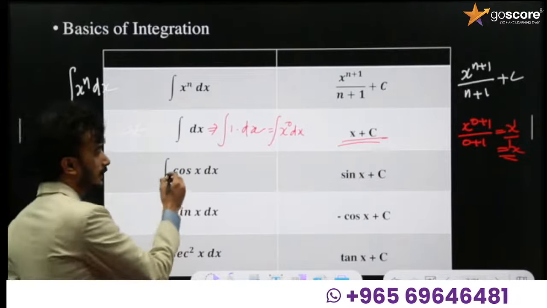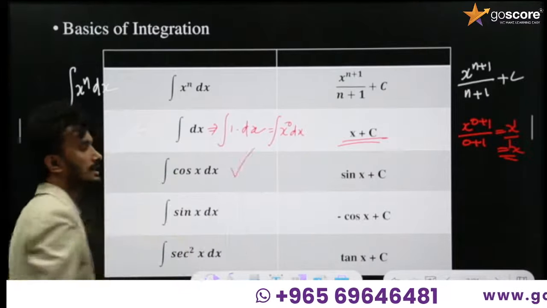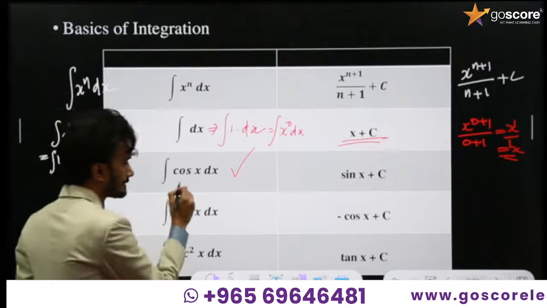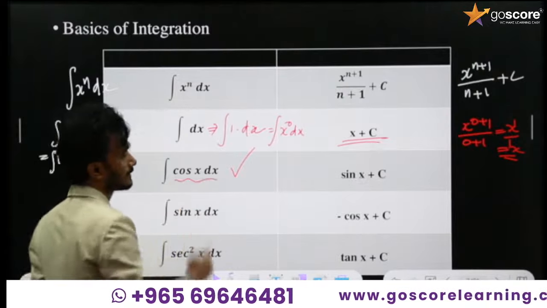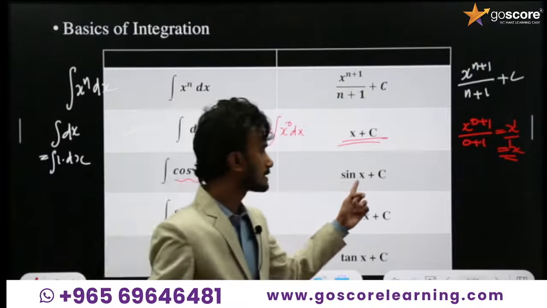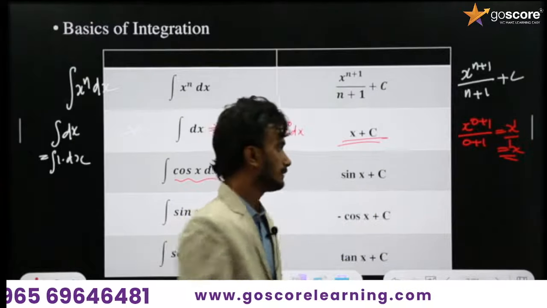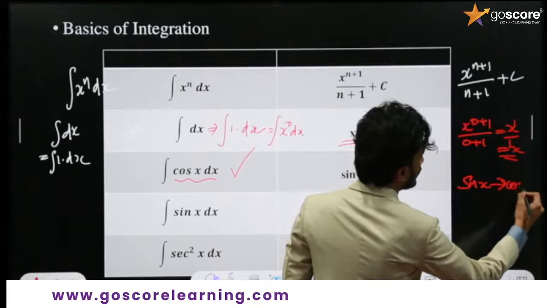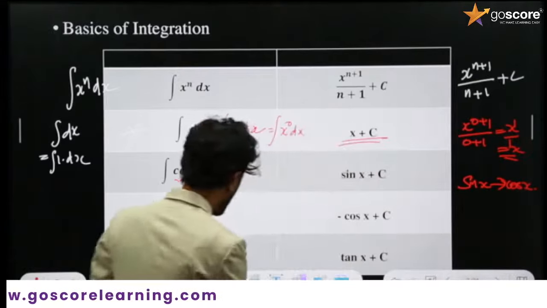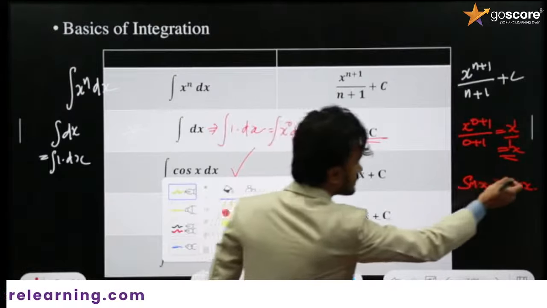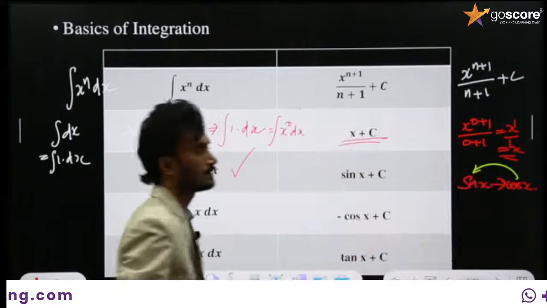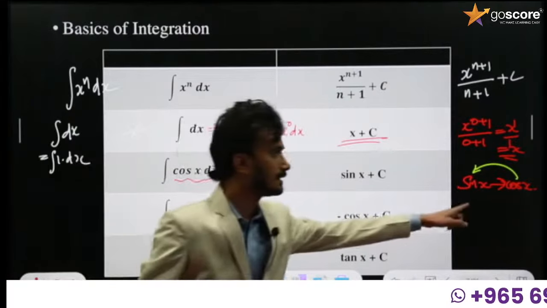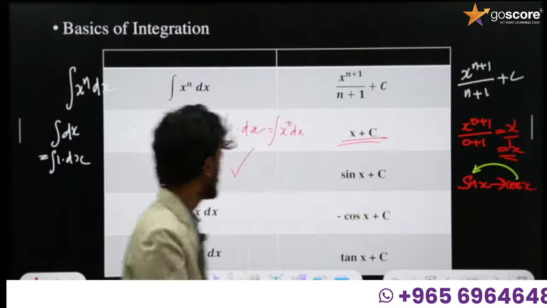Then integral of cos x. What is the differentiation of sin x? Differentiation of sin x is cos x. So the inverse of that, the integration of cos x, is sin x.